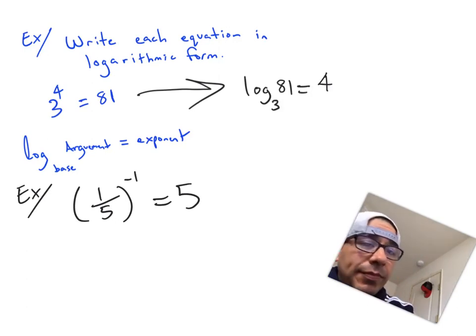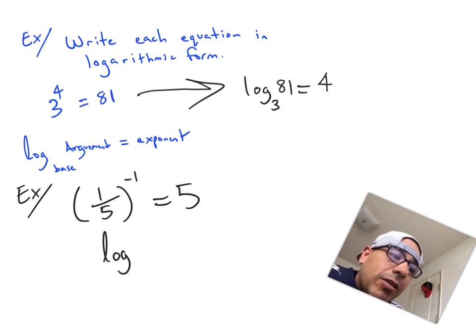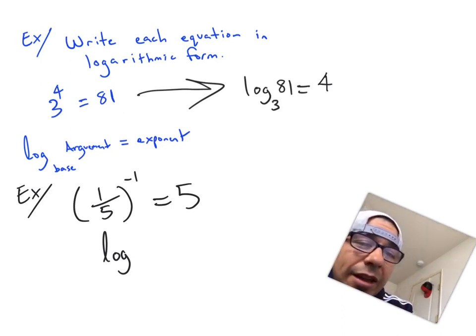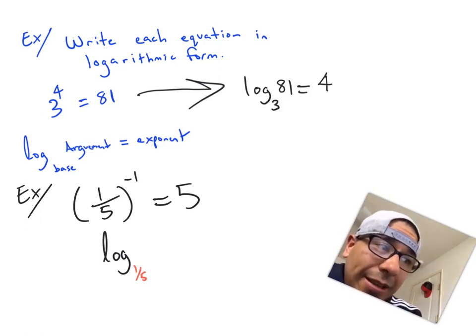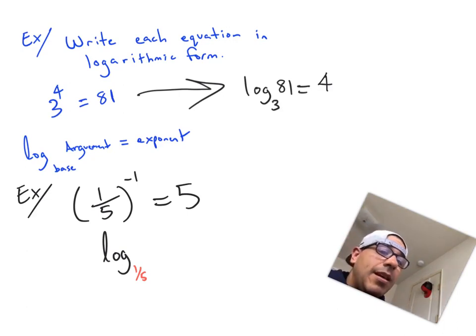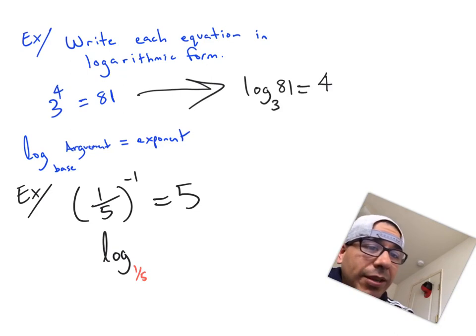So I have log, and this time my base is a little funny because our base happens to be a fraction. Don't change the rules just because we have a fraction. The rules don't change. Our base could be whatever positive number we want except 1. And our argument here is 5.